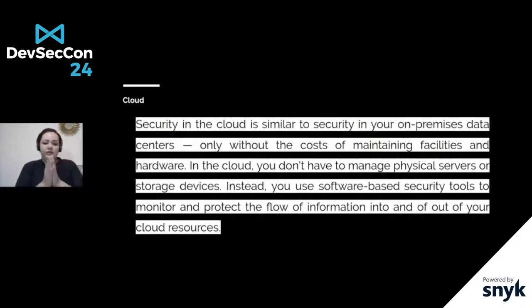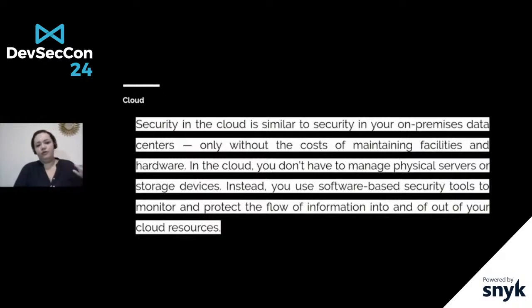This is something that I took from the Amazon website, and I'm sure Google has something similar because the policies are almost the same. Security in the cloud is similar to security in your on-premise data centers, only without the cost of maintaining facilities and hardware.